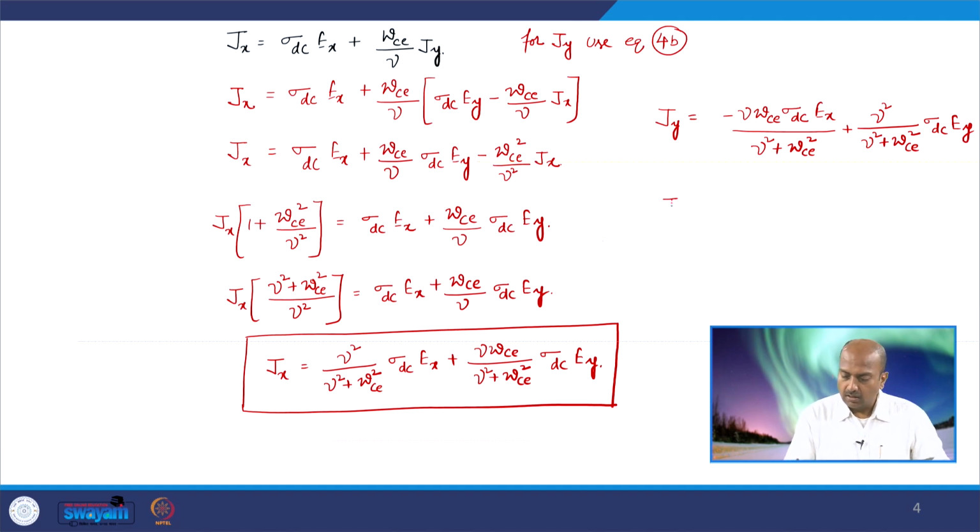And Jz, which doesn't depend on the magnetic field, will simply have the DC conductivity component along the respective direction, right.